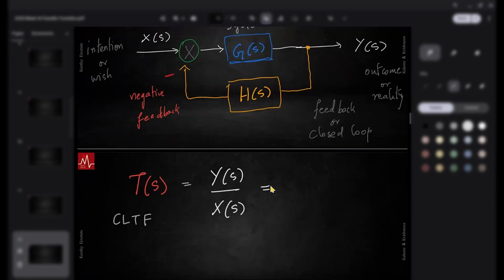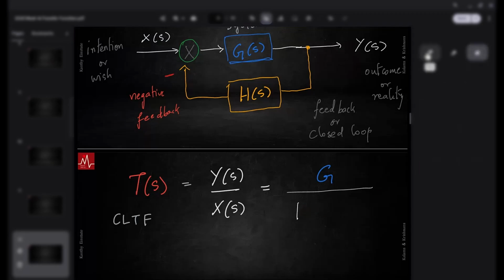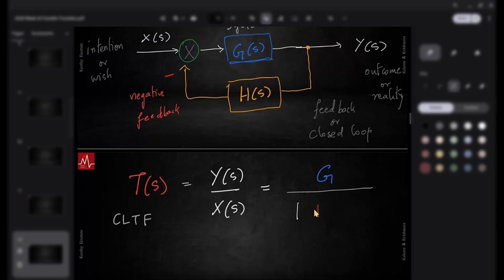Now we have, at least, two guesses: G by 1 minus GH, and G by 1 plus GH. It suffices to recall this: G by 1 plus GH. For negative feedback, it will be a plus; for positive feedback, it will be a minus.